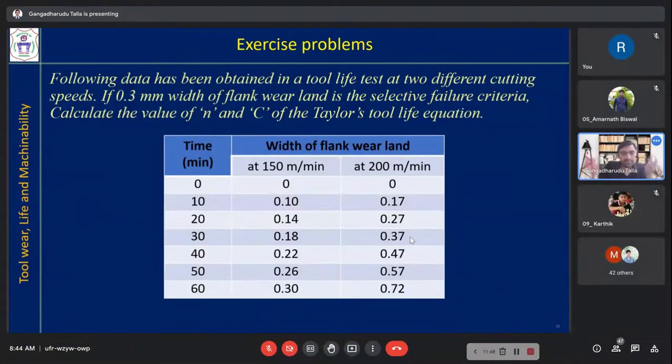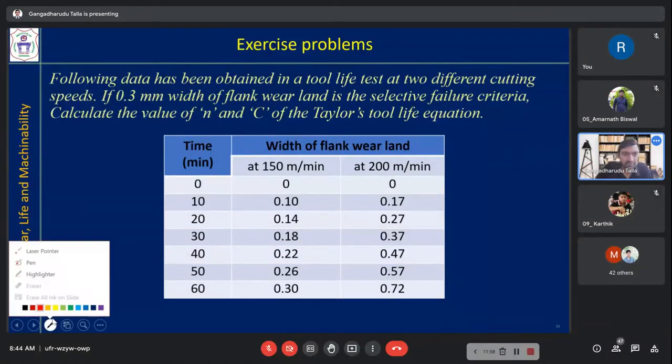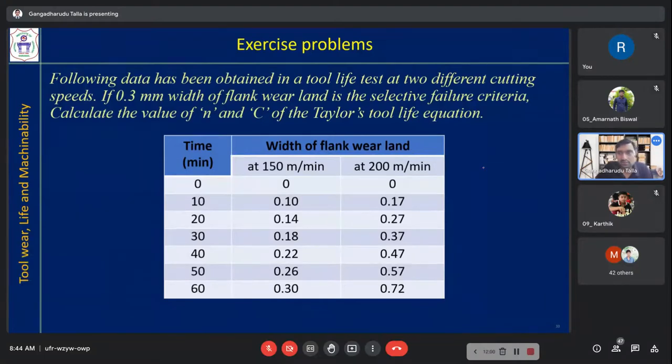Now how will you do this? You can just draw a graph. I mean, you can imagine a graph with the time. So this is time. So this is flank wear land.